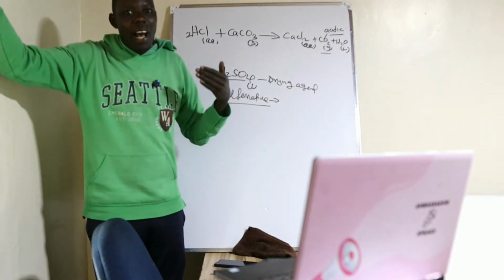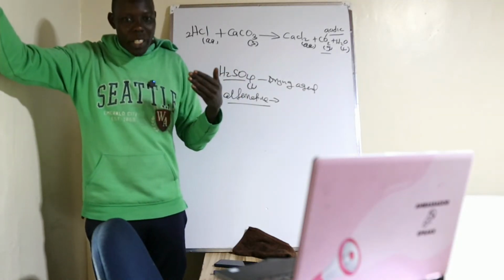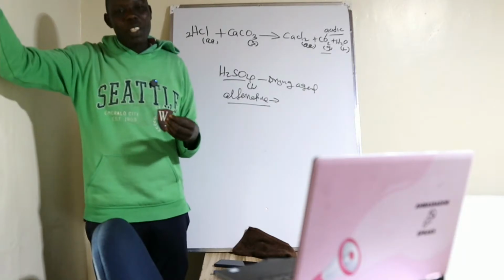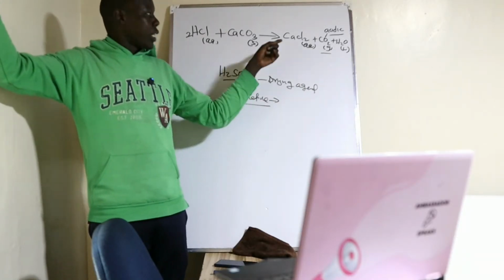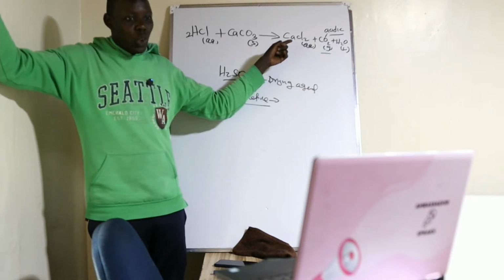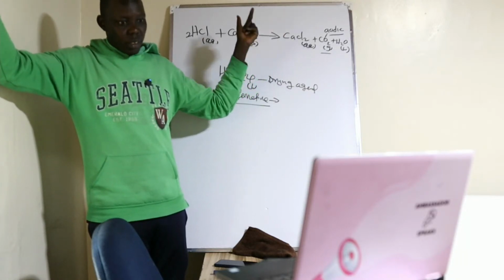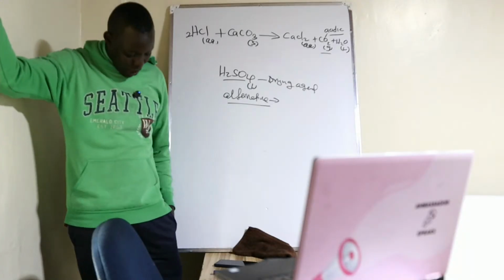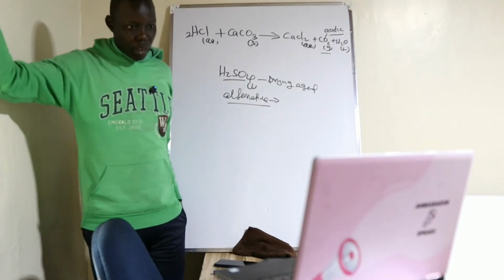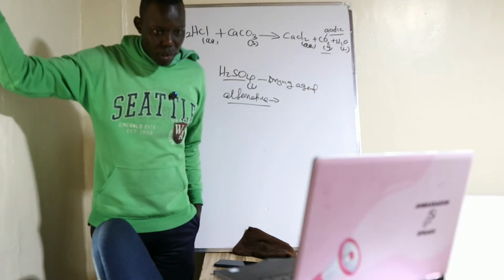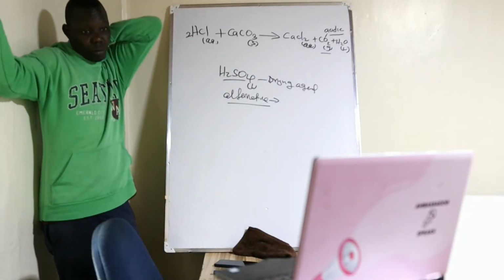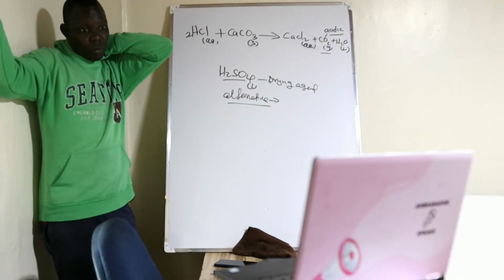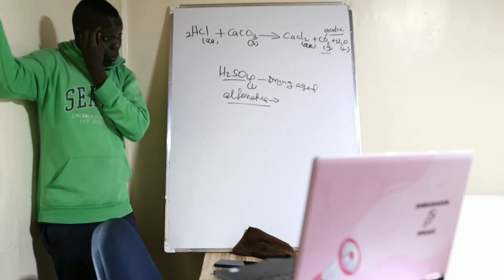Give me other pairs or other combination of an acid and a carbonate that will give us CO2 gas. Avoid a combination that will give us an insoluble salt. I'm fine there. I think you can now answer me. Are you together?